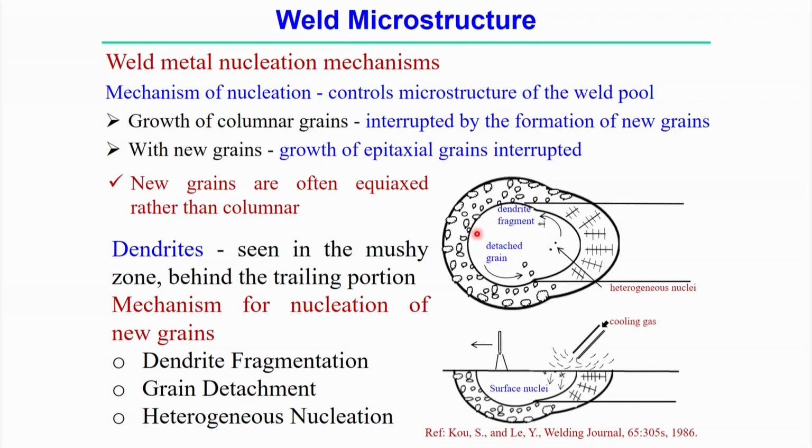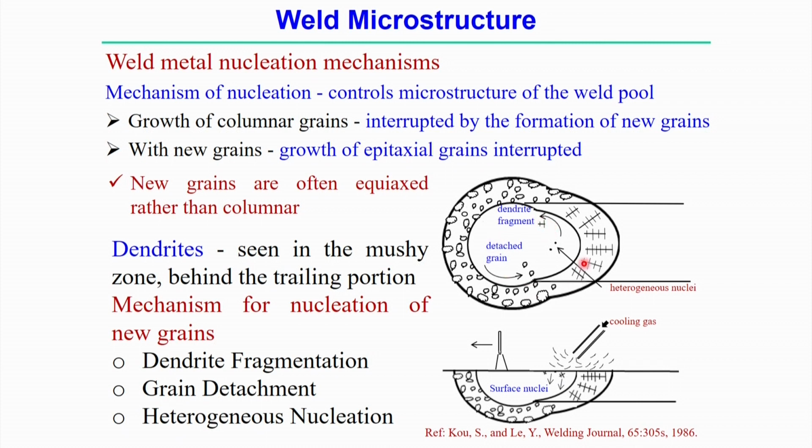These two promote the formation of heterogeneous nucleation, most of the time at the trailing side of the weld pool. So, the mechanism of nucleation during welding is better explained by dendritic fragmentation and then grain detachment, which mainly promote the heterogeneous nucleation process.